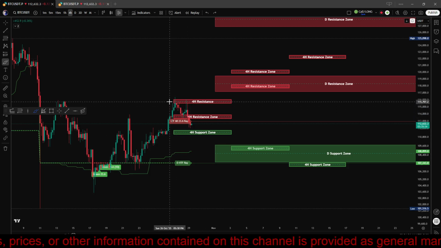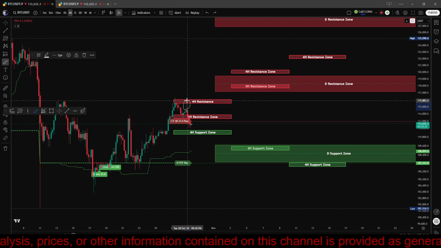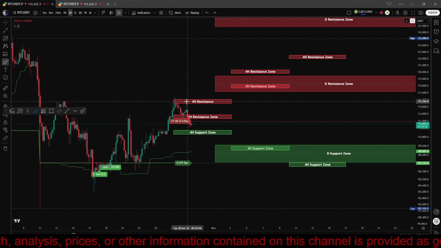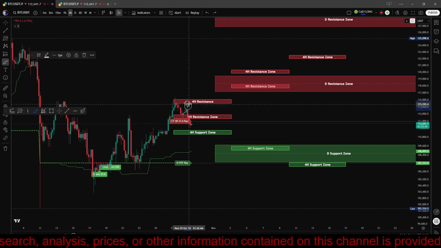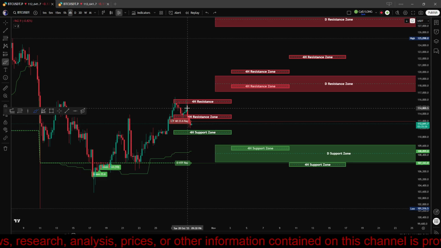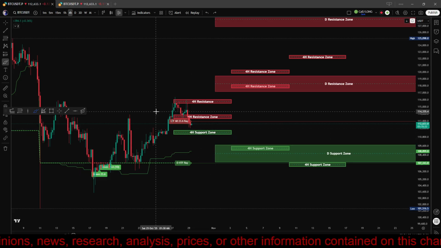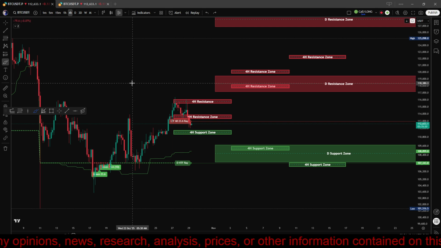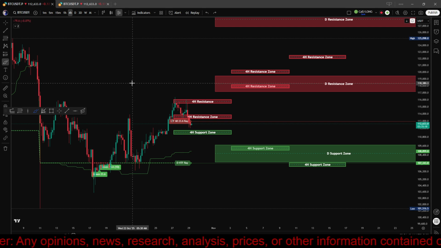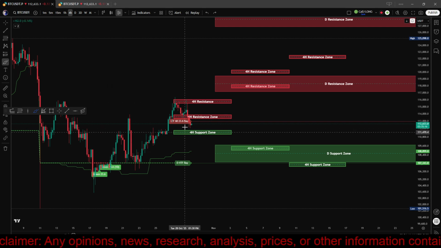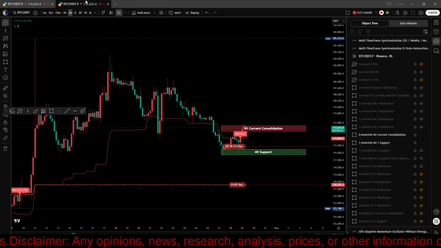Right now we have a huge sell-off in these candles, and the market is leaning heavily towards the bearish side.